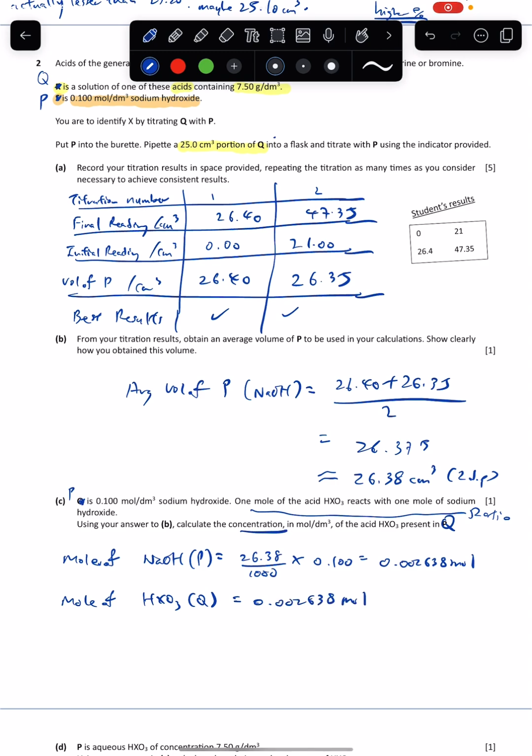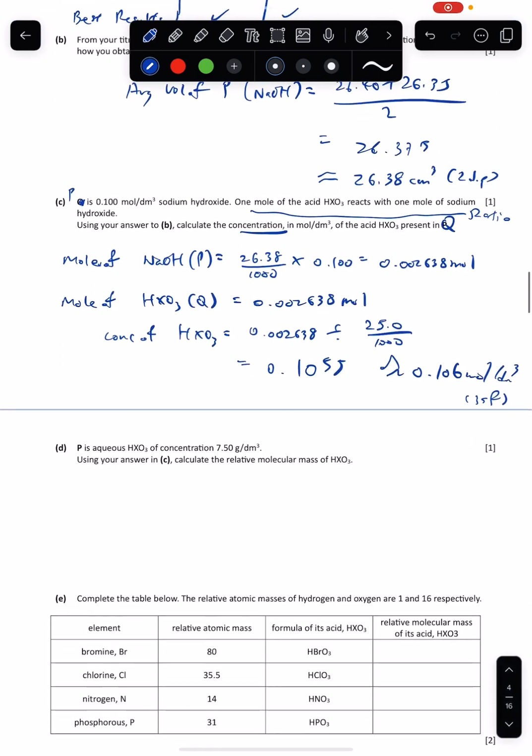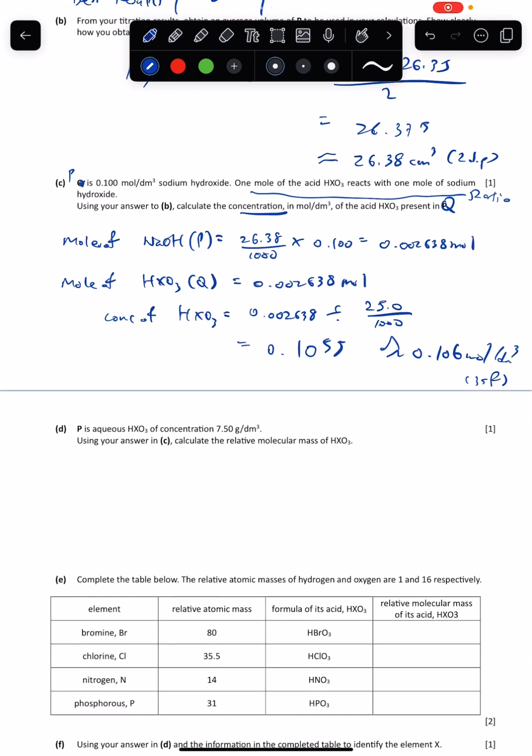Then they want concentration. So concentration of HXO3 is 0.002638 divided by how much of Q do we use in the titration? 25.0, so 0.025. That gives 0.1055, which is 0.106 mole per dm cube, 3 SF. Next, I think the mark scheme here is a bit stingy.